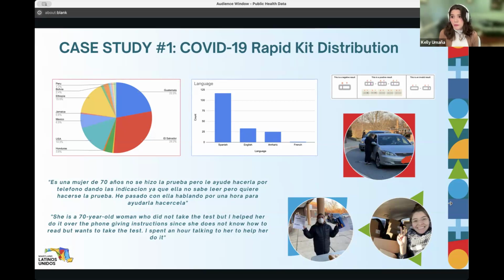Something that we did was partner with our local health department to think about what tailored COVID-19 kit distributions looked like. Not only that, we were collecting race and ethnicity data, with the hope to represent our community better and understand what tailoring our services looks like.